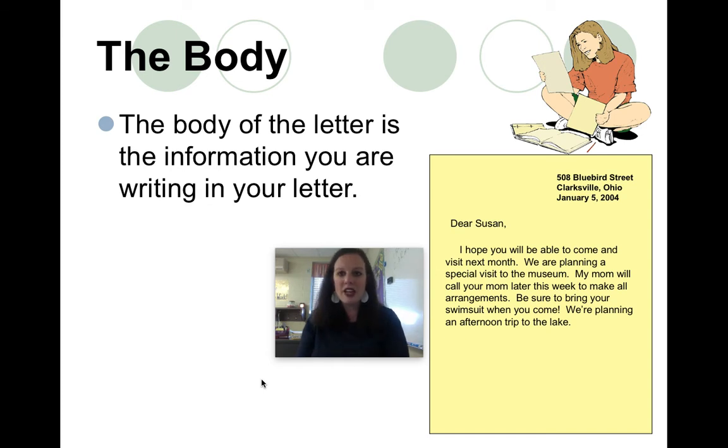Let's look at this letter. How many commas do you see so far in the letter? I see a comma in the date. January 5th, comma, 2004. That's because commas are used to separate the date. They're used to separate the month from the year.